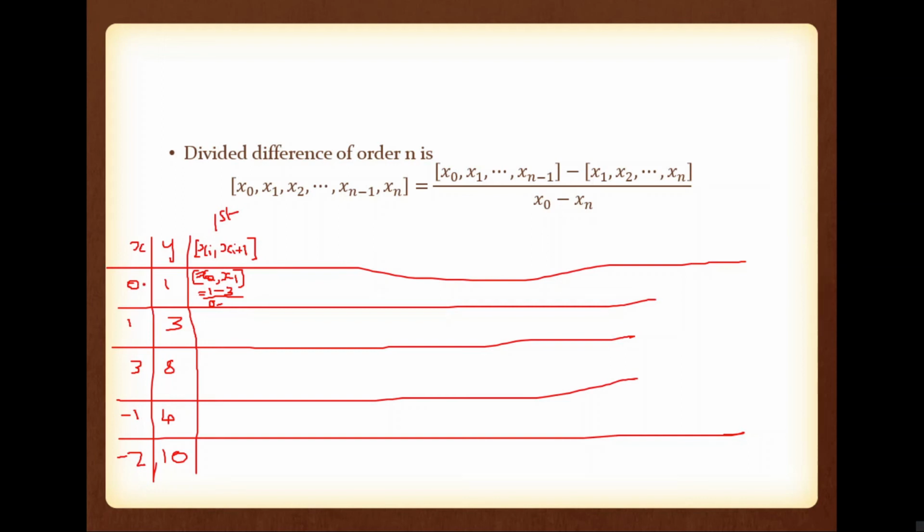So 0 minus, first means simply the next element, which is 1. So 0 minus 1. So 1 minus 3 divided by 0 minus 1 equal to 2, right?